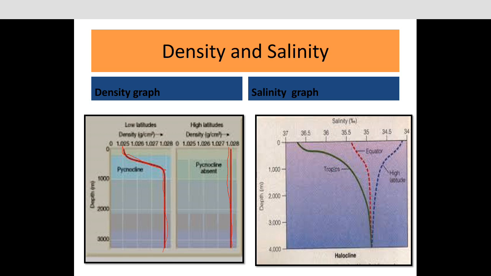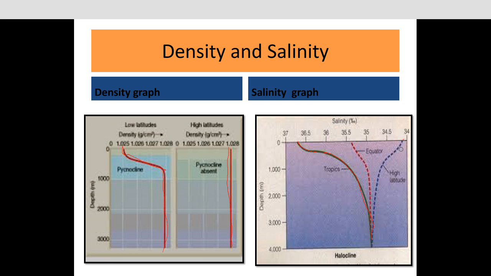So here we can see the 0 to 4000 meter depth, and here salinity is more and it is decreasing with depth in the oceans, whereas here the salinity is less.